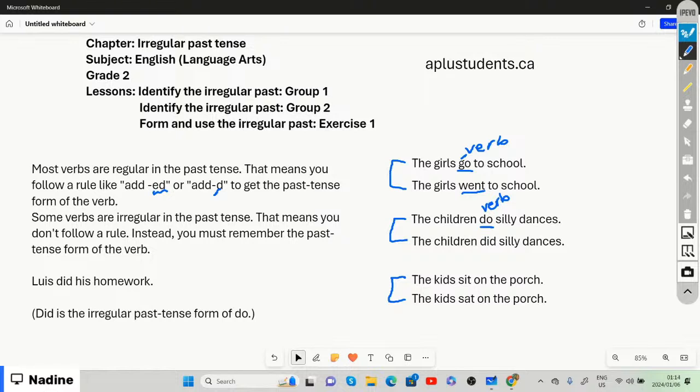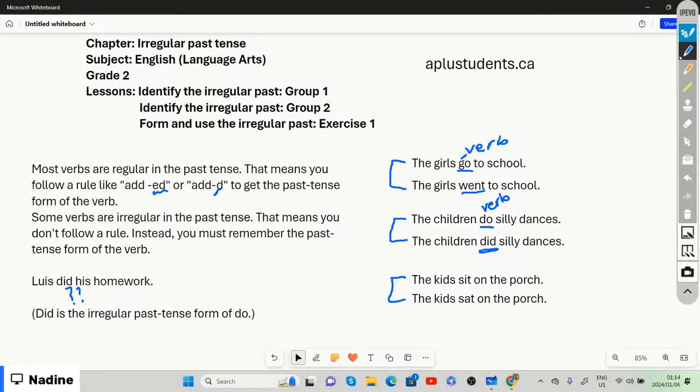So if we change that to the past tense, we're going to say, the children did silly dances. And it's like our example over here. So the children do silly dances shows now in the present.